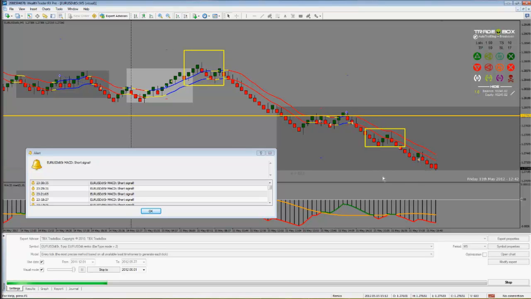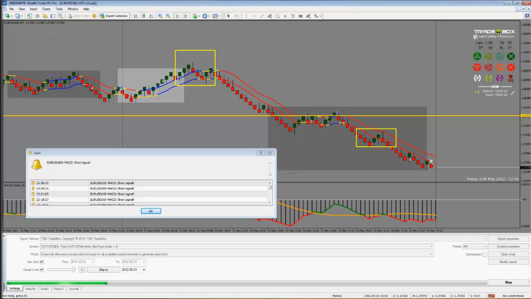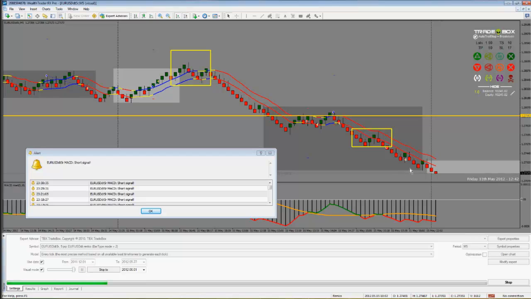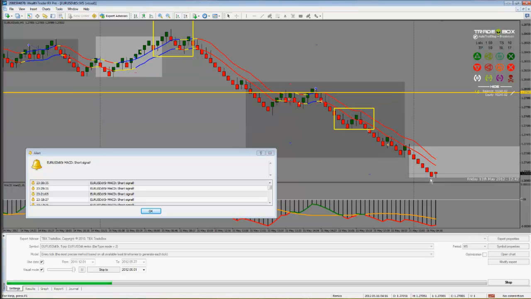I've had to be really strict to make sure that I do follow my rules. So again, as much as I'd like to take that one, I won't take it. You'd be up 10 pips at this point, 9 pips, lots of pips. I need a proper close within the channel and then a break with the candle body out of the channel.